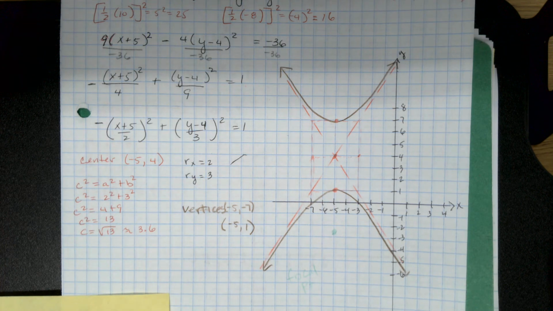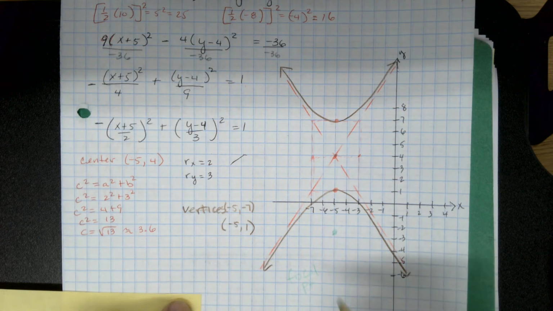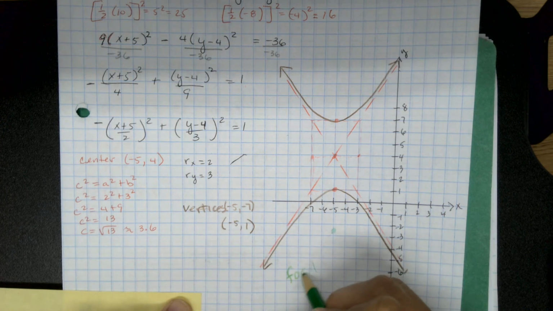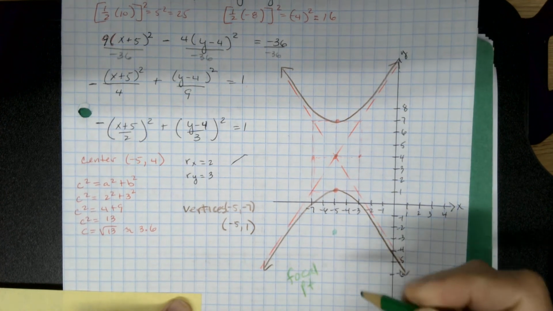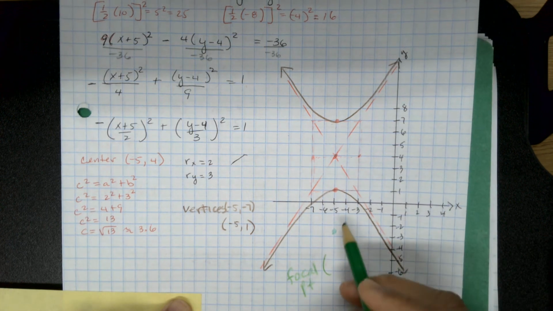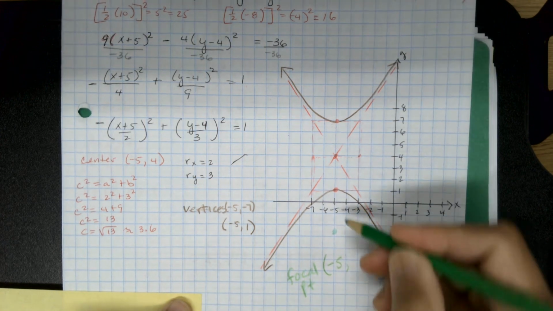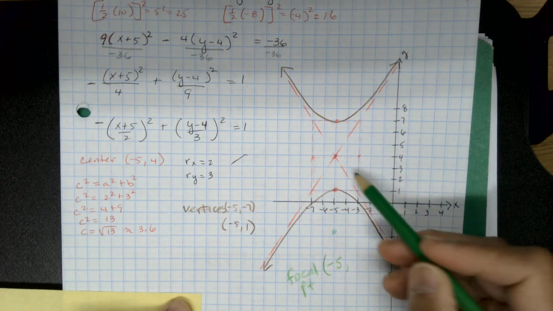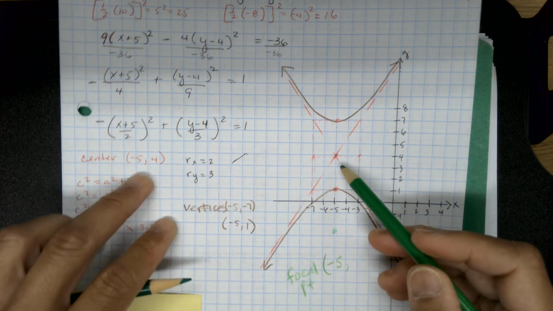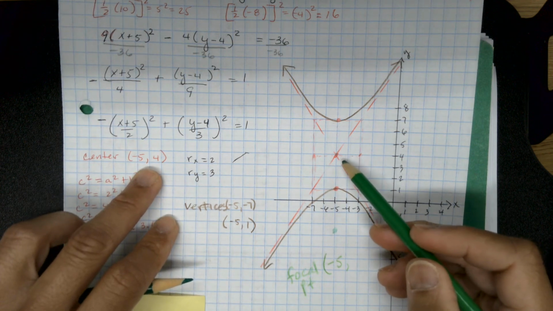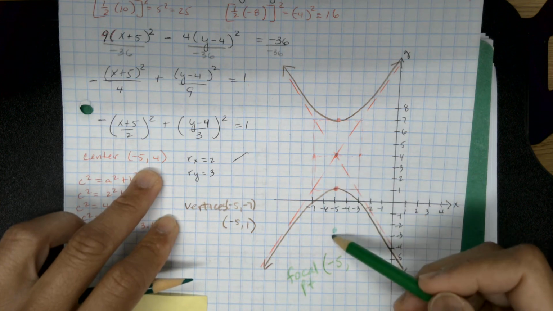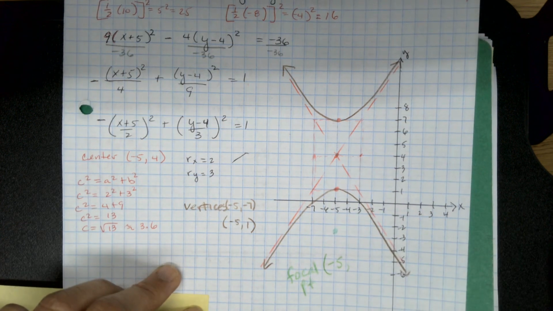Make this darker. So this focal point is going to be located at -5, and we went 3.6 units down. Since the center here was -5, 4, you take 4 and go down 3.6 units. So it's 4 minus 3.6.